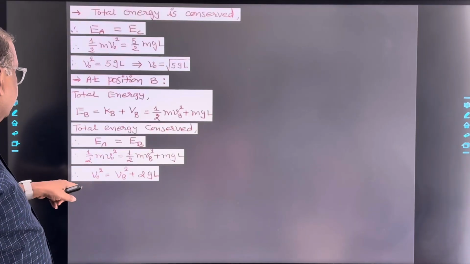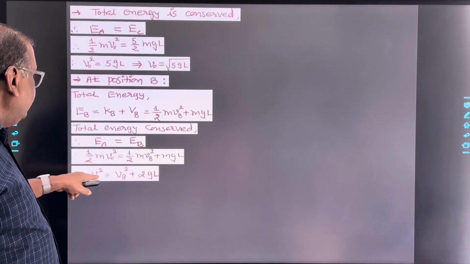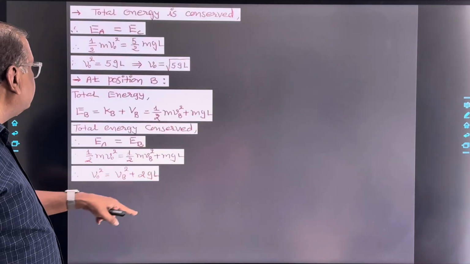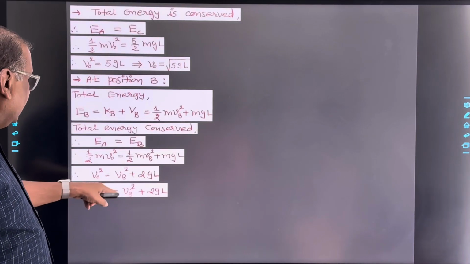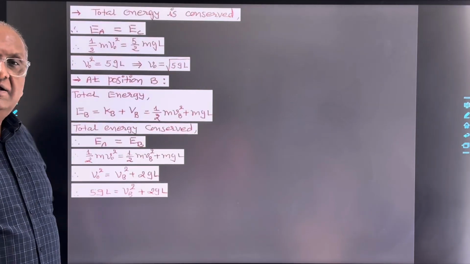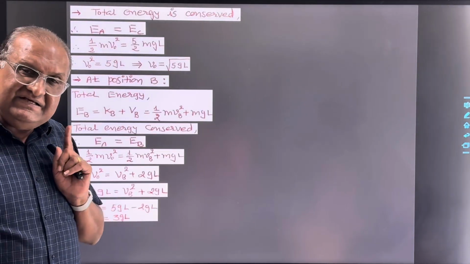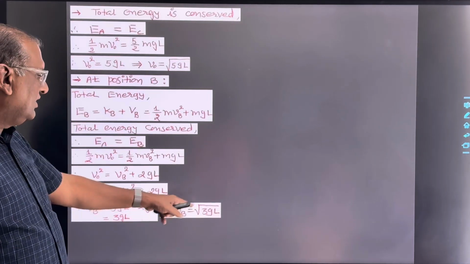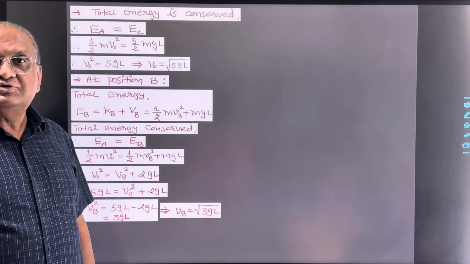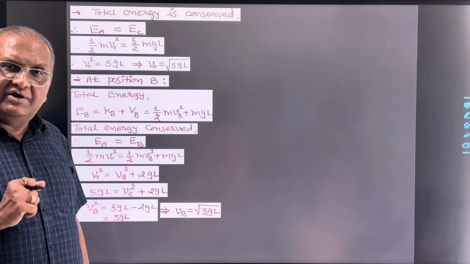So v0 square, that is 5gL, equals vb square plus 2gL. So vb square is 3gL, and vb equals under root 3gL. So the speed at B is also calculated.